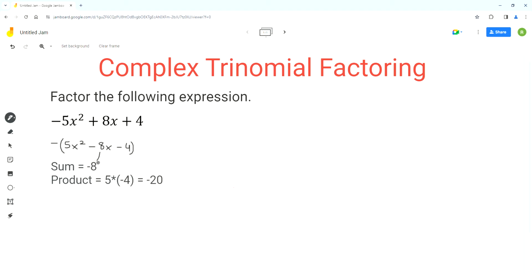Negative 8 is the coefficient of the x term, and the 5 is the coefficient of the x squared term in the parentheses, and negative 4 is the number term in the expression.